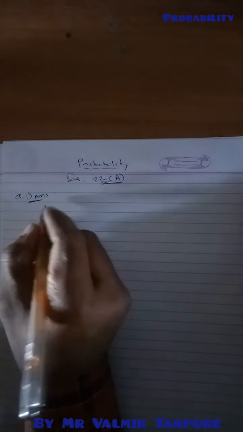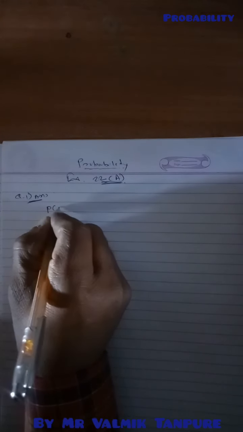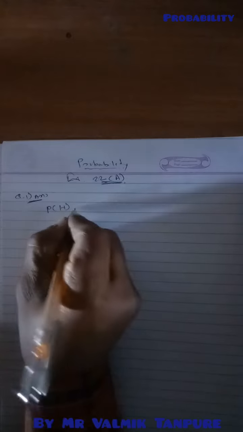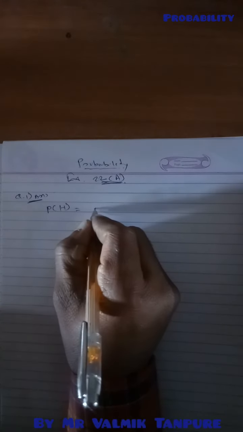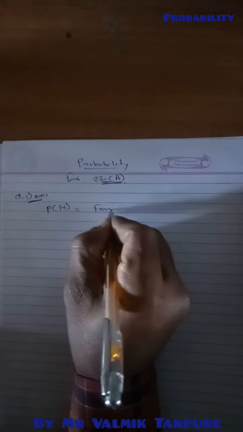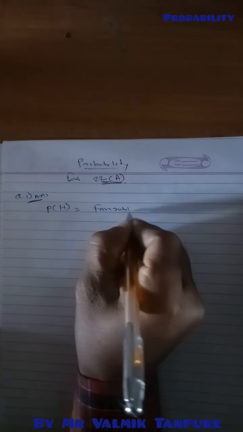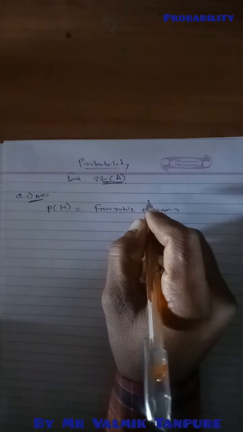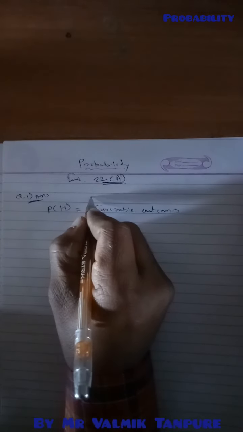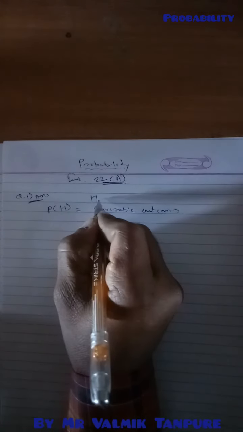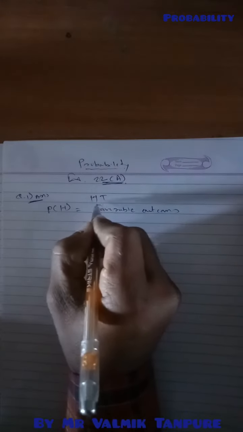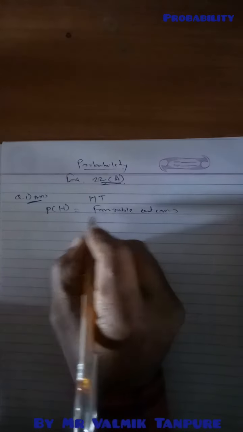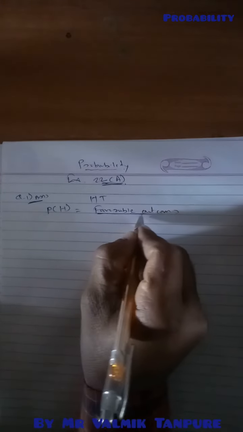So you know that we have to find the probability of head. Here, if the coin is tossed once, it will be either head or tail. What is the formula?